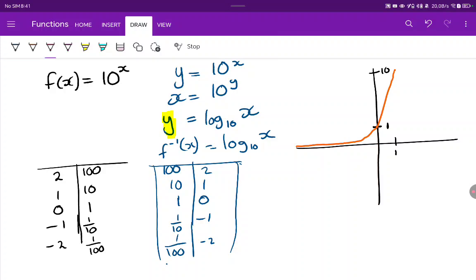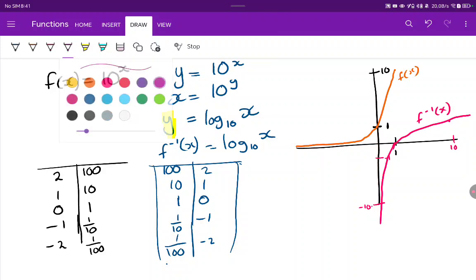So let's go ahead and put that in there. I have 1 and 10 over here, and I'm going to have negative 1 here and negative 10 over there. So this graph is going to look like this. I'm going to cut at this point, and I'm going to go through there, and that's going to be my asymptote. Can't touch it. So this is the f minus 1 of x, and this one is the f of x.